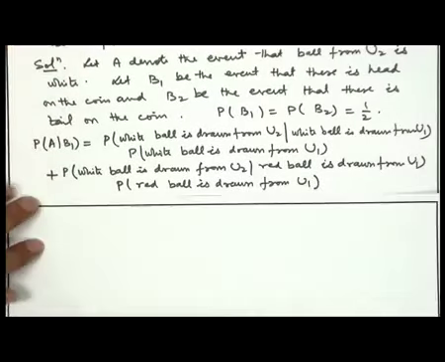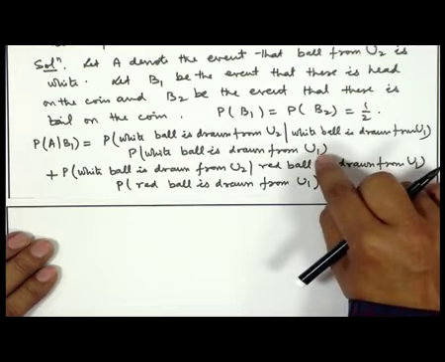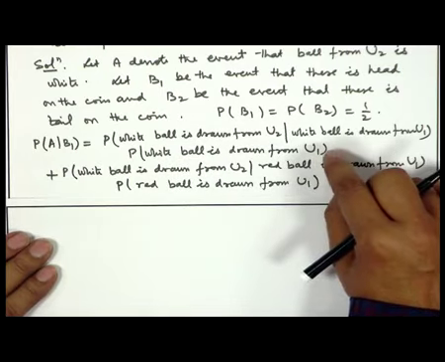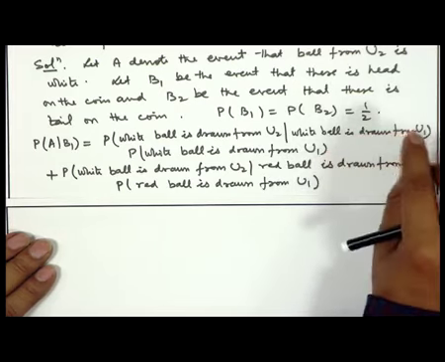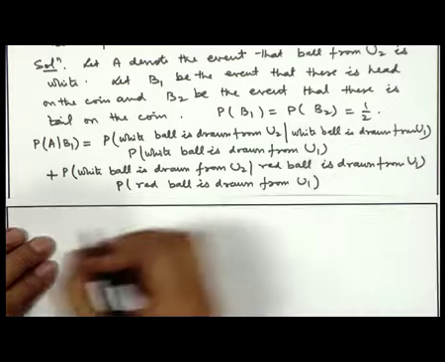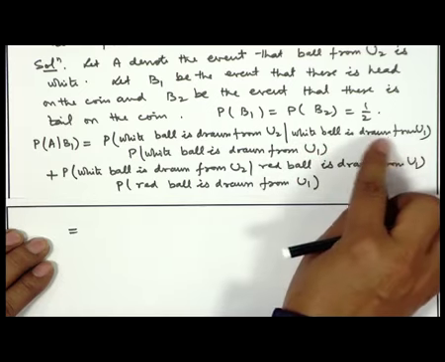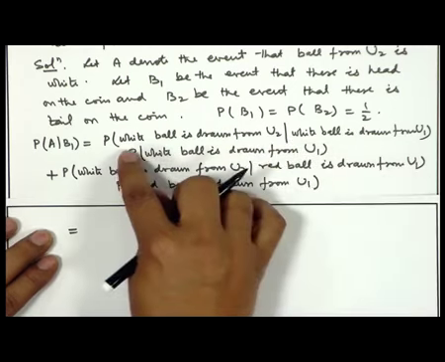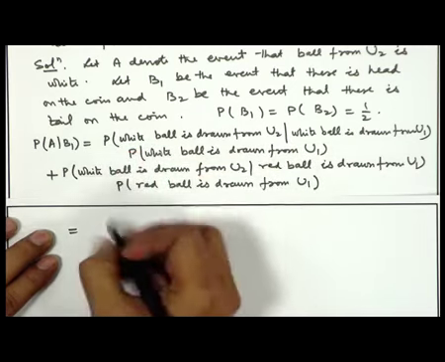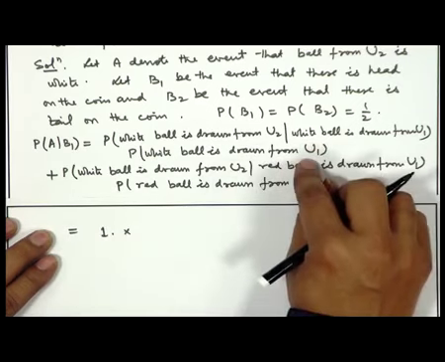So, what we have done is apply the theorem of total probability. When we are drawing a ball from U1, U1 contains 3 white and 2 red balls. So, the ball drawn can be white or it can be red. If the ball drawn is white, then U2 will have both white balls, so the probability of drawing a white ball will become simply 1. But what is the probability that a white ball is drawn from U1?